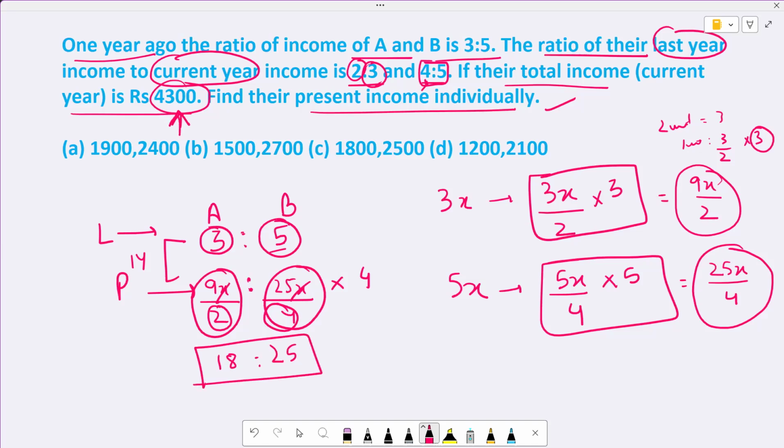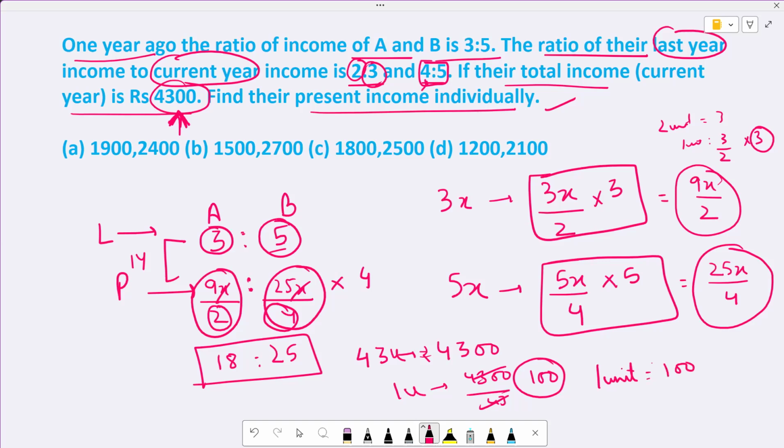Now the total present income is given to us, which means that their sum, what will be the sum of 25 and 18? It will be 43. So 43 units, I can just write U here, will be equal to rupees 4,300. So 1 unit will be equal to 4,300 divided by 43, which further will be equal to ₹100. So this is the value of our 1 unit.